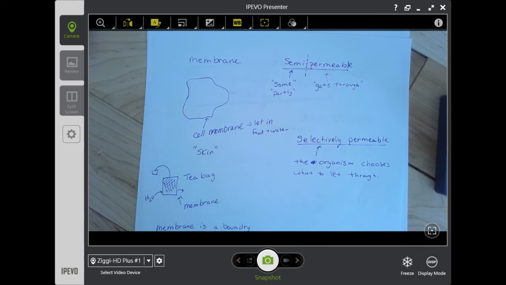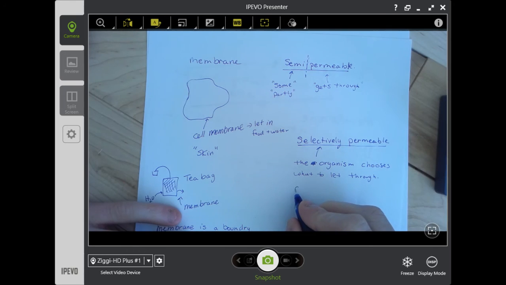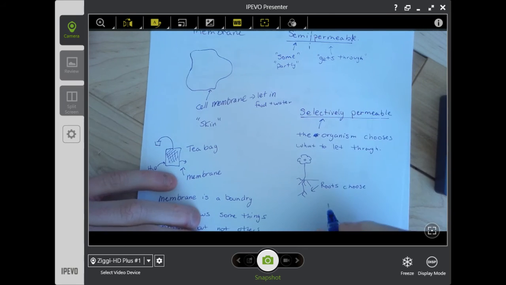And the same thing goes for, let's say, a plant root, right? If we have a nice little flower, and then as soon as it gets to the ground, the roots, they choose mostly.